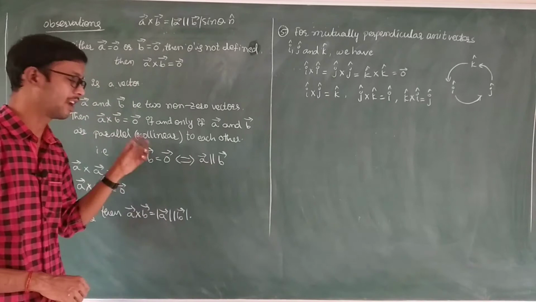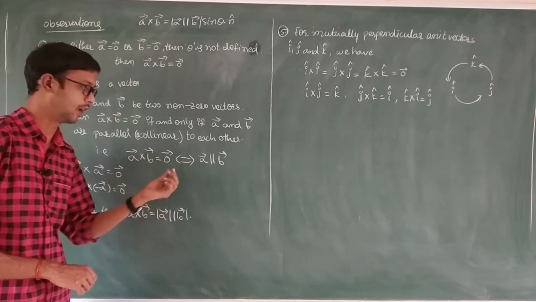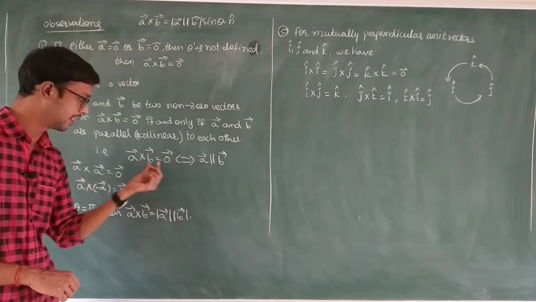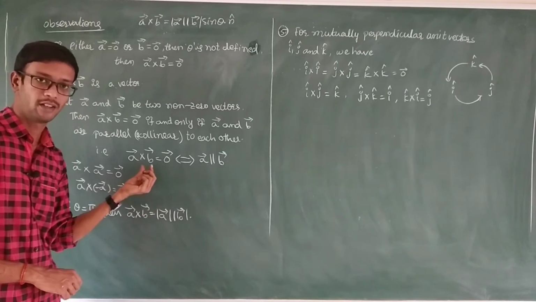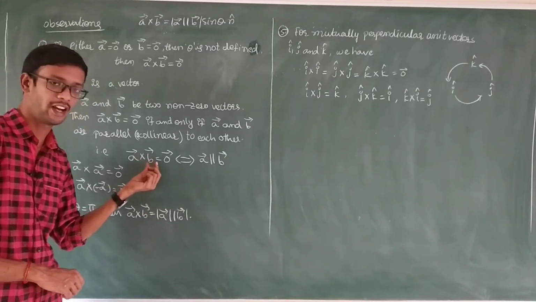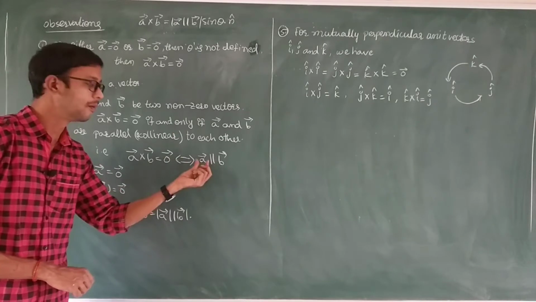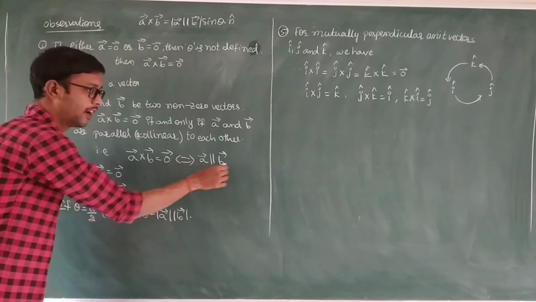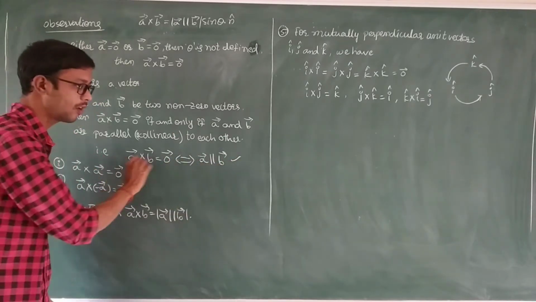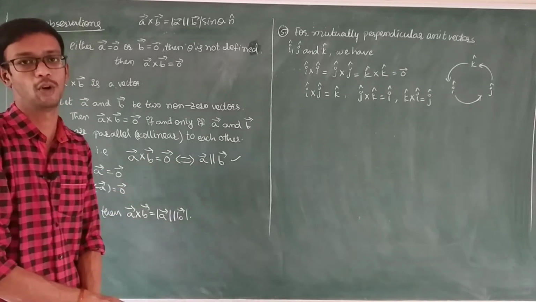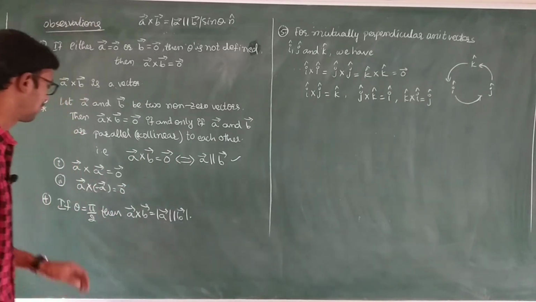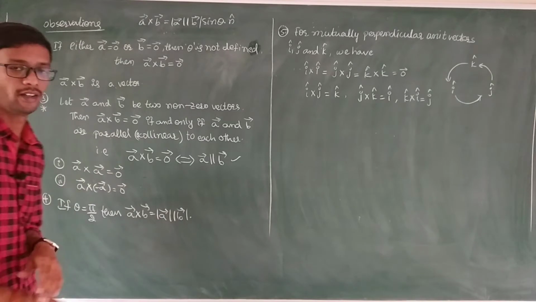Collinear and parallel are both the same in this vector concept. So parallel means the cross product is 0 vector, and if the cross product is 0 vector, then the two vectors are parallel. So these are if and only if conditions: 1 implies 2, and 2 implies 1 also. Both are possible.